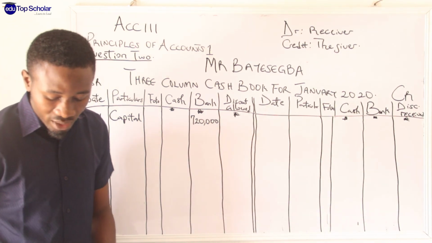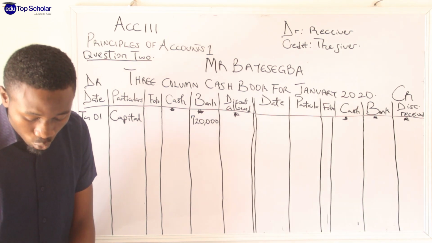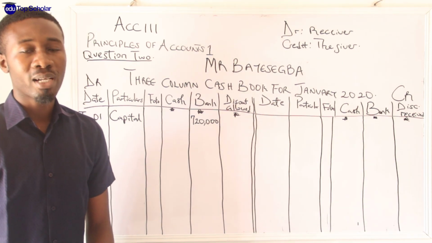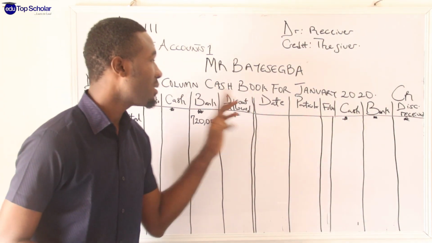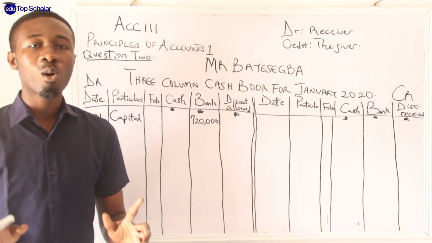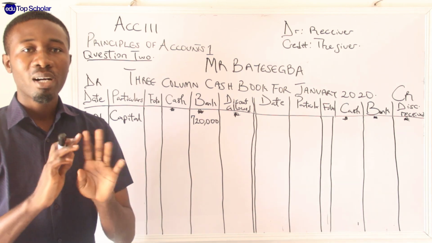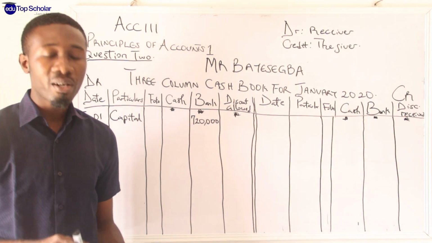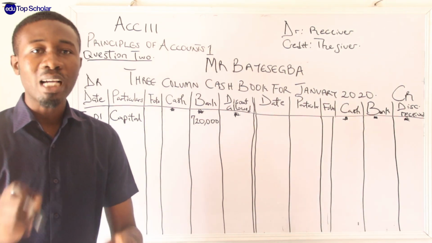So for the next one, they said on that same January 1, he bought goods on credit from Yakubu for 120,000 naira. So this is quite simple, because we are working on a 3-column cash book, and what the cash book primarily does is to record cash transactions, nothing more and nothing less. So, here we were told that on that January 1st, he bought goods on credit from Yakubu.